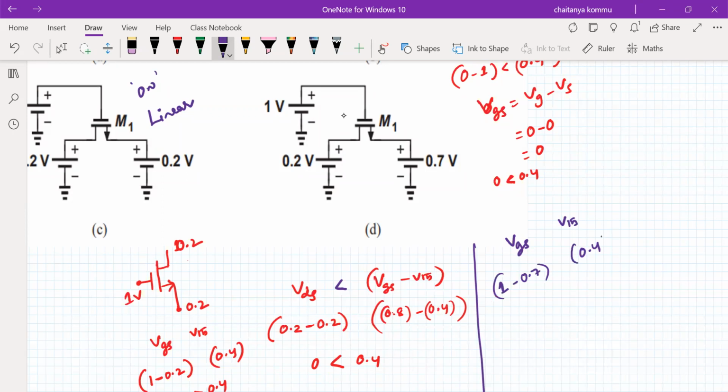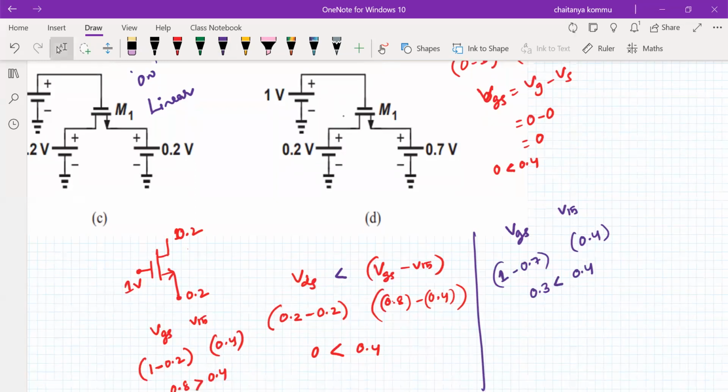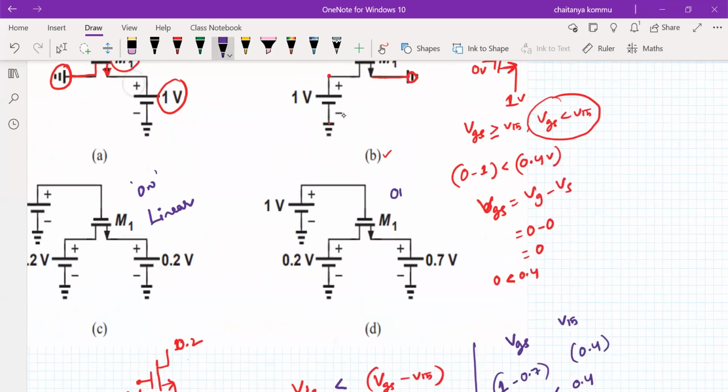Therefore, it is 0.3. Is 0.3 greater than the threshold voltage? No, it is less than 0.4. So the transistor is said to be in cutoff. So the transistor is an off transistor.